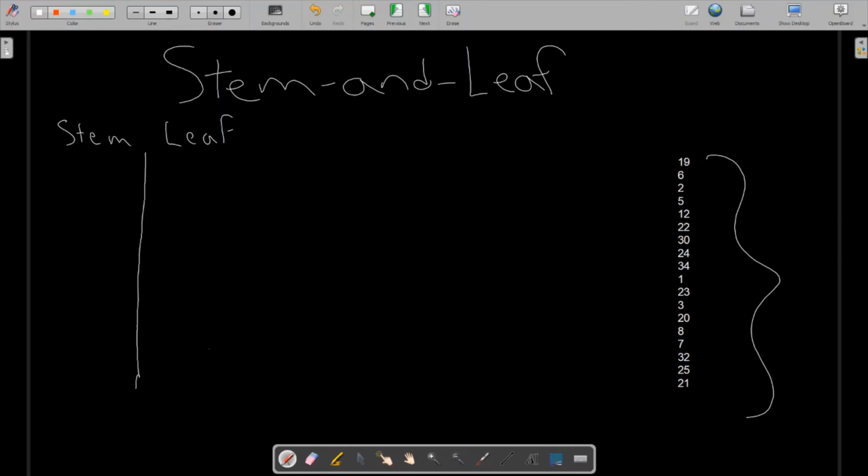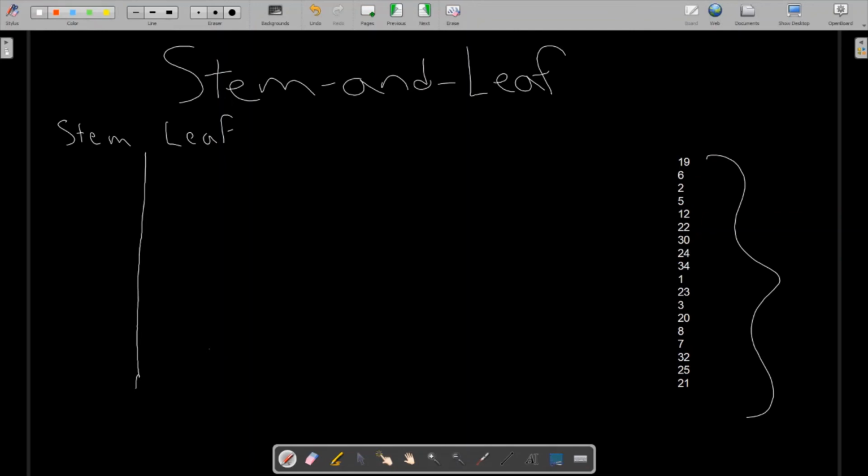So let me get this started to give you a better visual. In this data, I took random numbers from 1 to 39, and we don't go past 40, so there's no hundreds place. We don't have to worry about that. So our stem will only include the tens place.